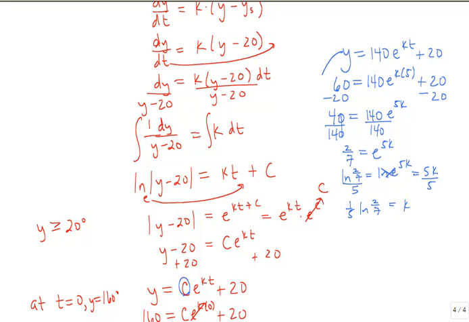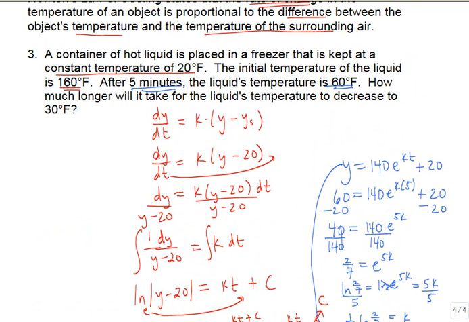So this model becomes y equals 140 e to the 1/5 ln of 2/7 times t plus 20. So now my only variables are t and y. So I should be able to answer the final question, which is how much longer will it take for the liquid's temperature to decrease to 30 degrees?